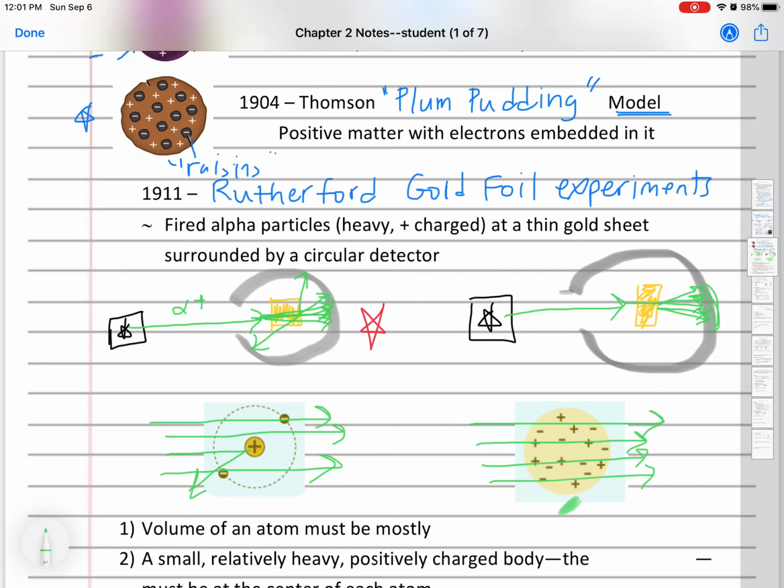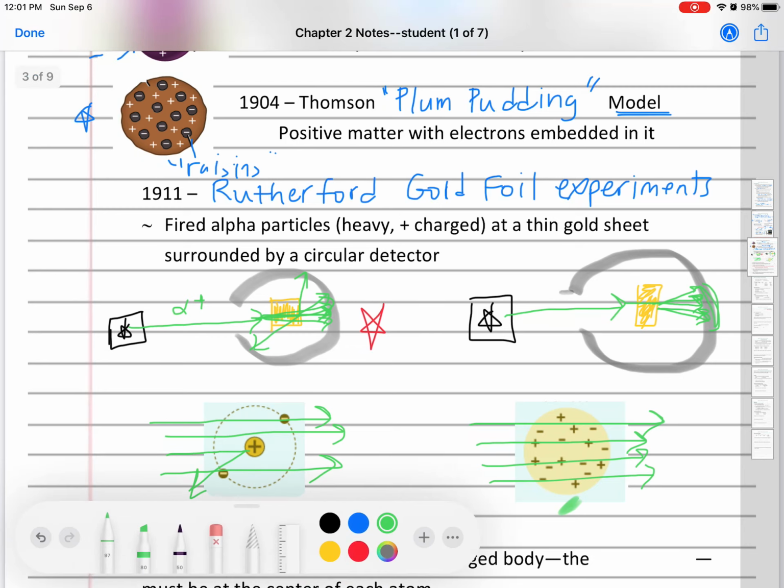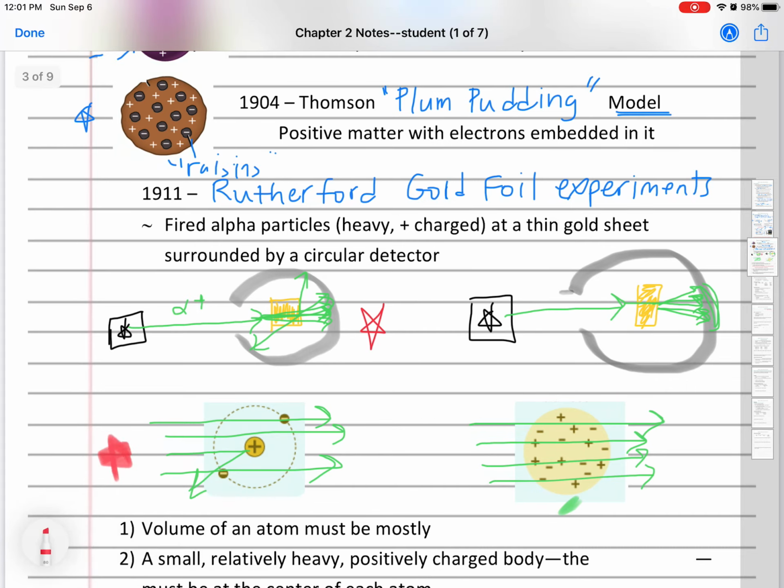This was really surprising, and Rutherford even quoted something along the lines of, it was like firing a pistol at a piece of tissue paper and having the bullet come flying back at you. It was that much of a surprise to them. But it really did establish that planetary model of the atom, that the Saturn model was more correct.